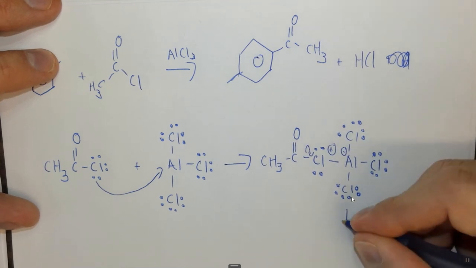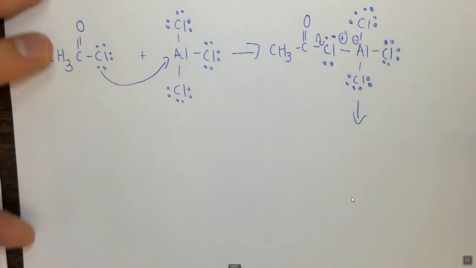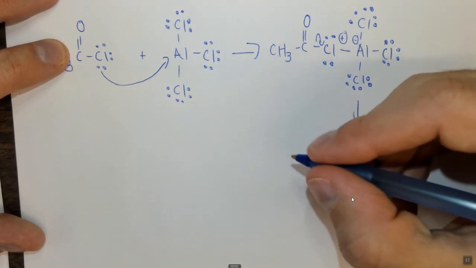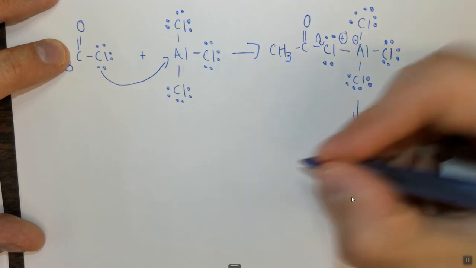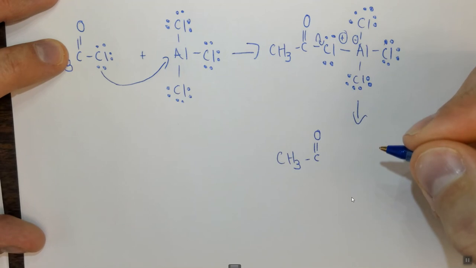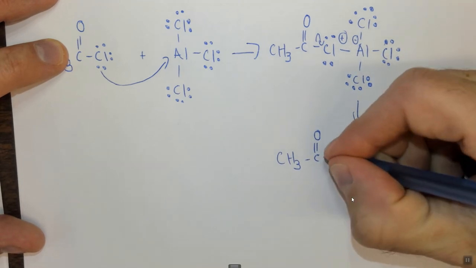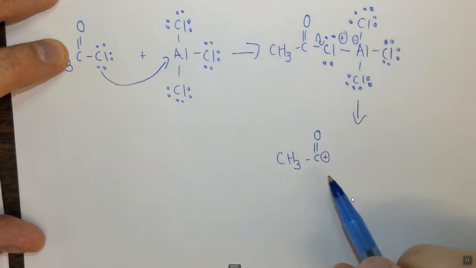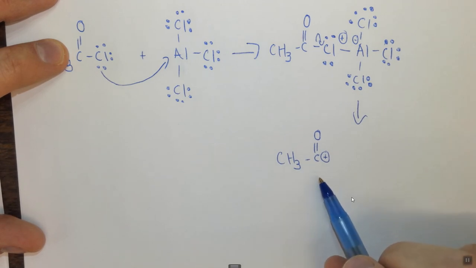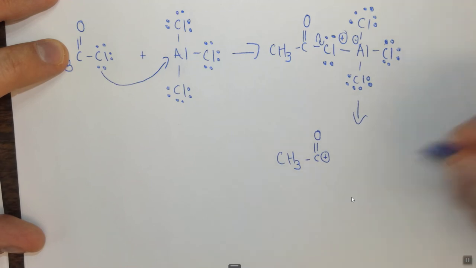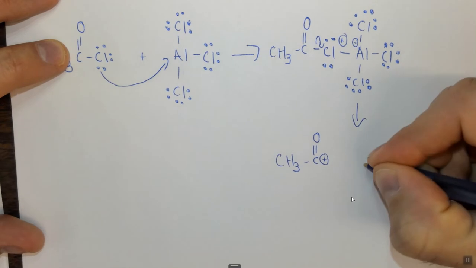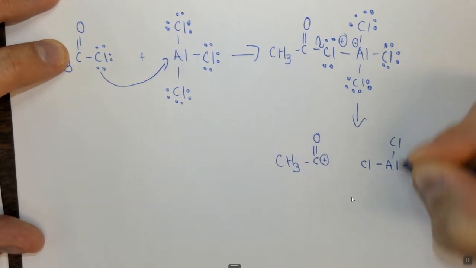And what we end up with here is CH3 bond C, double bond O, with a plus charge on the carbon, and we end up with Al, Cl, Cl, Cl, Cl.